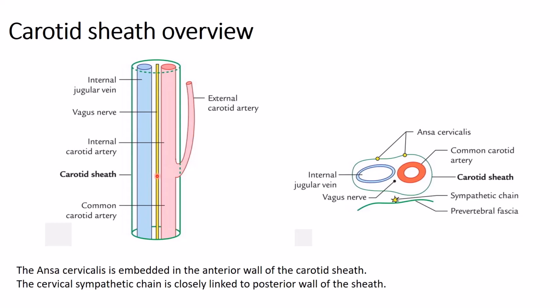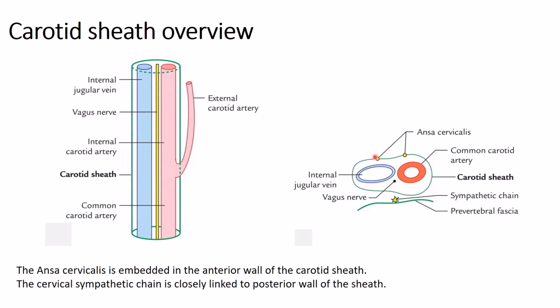We see here the common carotid splits into the internal carotid artery, which will continue in the carotid sheath. That's why it's called internal, because it is internal in the carotid sheath, and the external carotid artery is outside the carotid sheath.